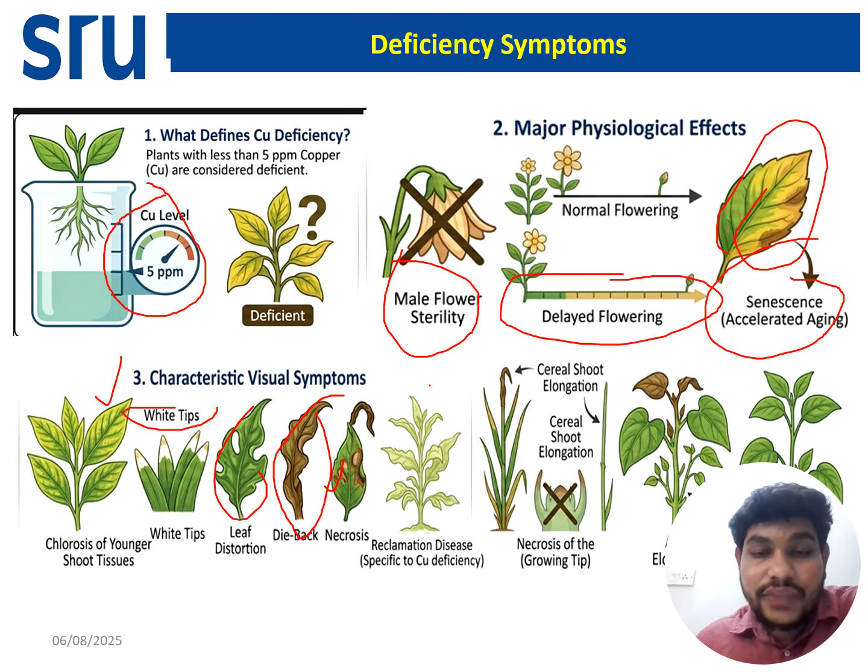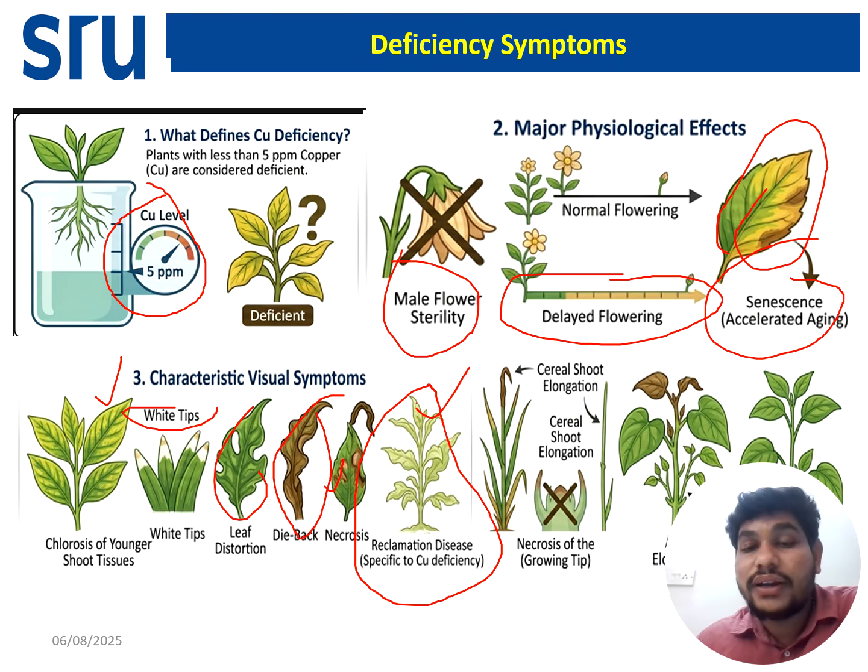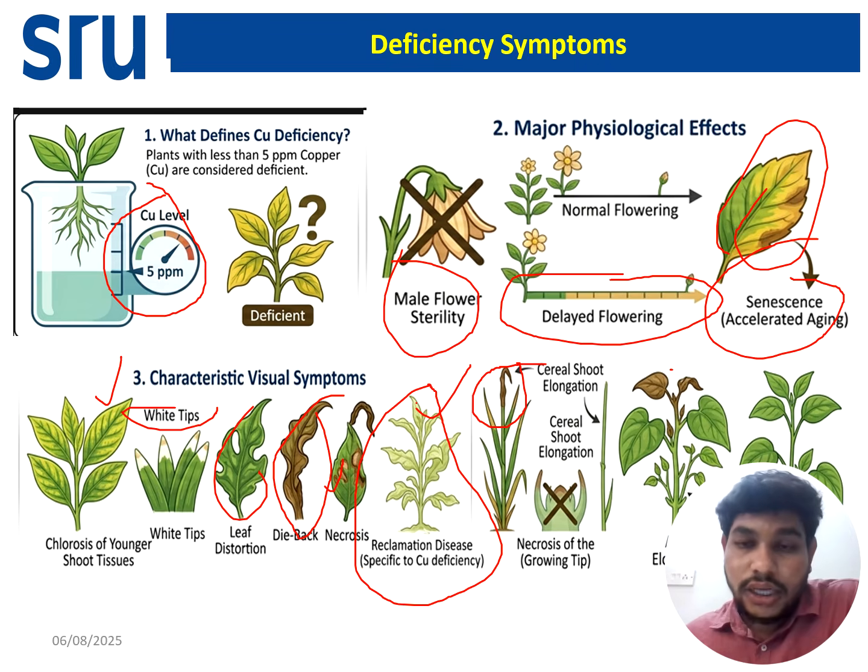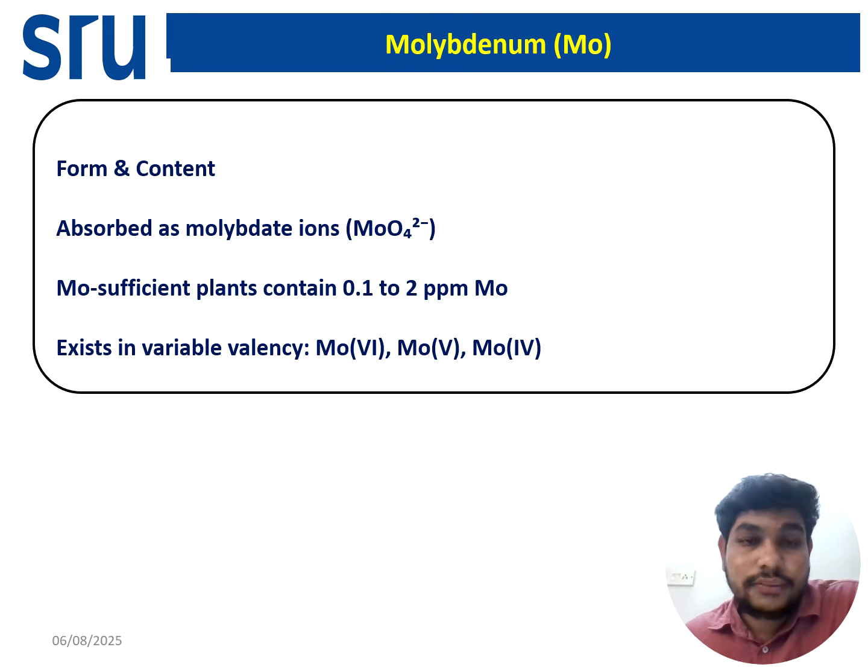This is the reclamation disease due to copper, the complete turning of the green plant into white in color. There is dying of the shoot, so we can say that is the stopping of growth. Dying of shoot mostly occurs in young leaves because copper is immobile in the plant.